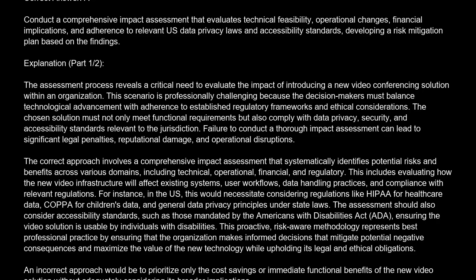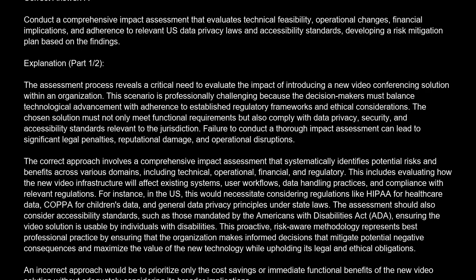Correct answer is A. Conduct a comprehensive impact assessment that evaluates technical feasibility, operational changes, financial implications, and adherence to relevant U.S. data privacy laws and accessibility standards, developing a risk mitigation plan based on the findings. Explanation. The assessment process reveals a critical need to evaluate the impact of introducing a new video conferencing solution within an organization.